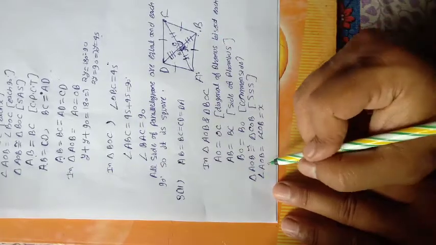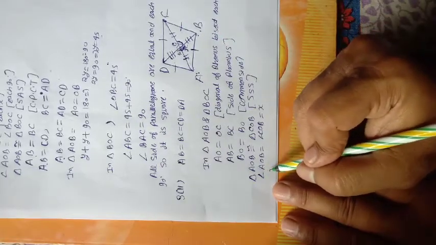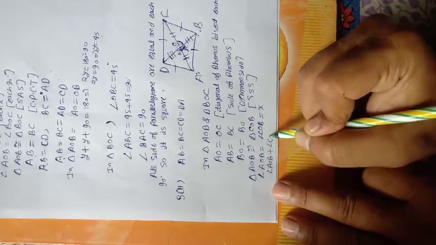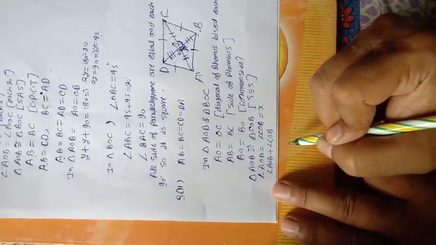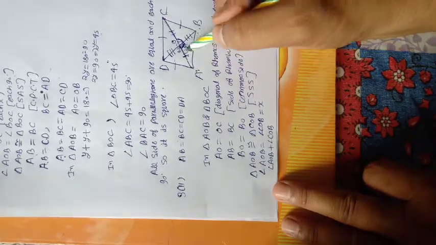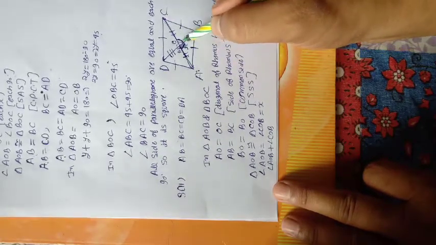Now angle AOB plus angle COB, this is a linear pair. This is the line AOB.